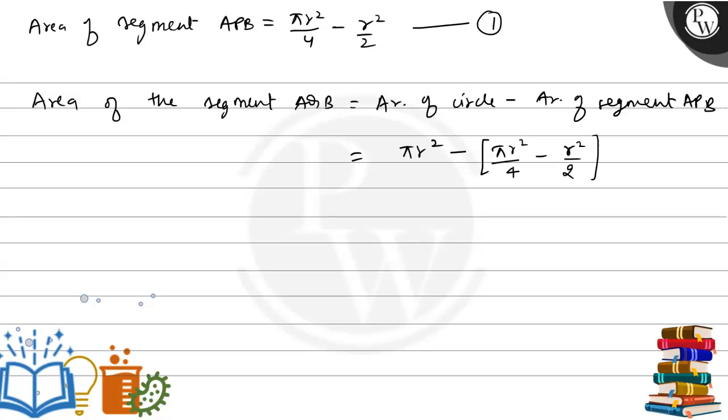Let's simplify this a little. On simplifying, it will be pi r square minus pi r square by 4, so it will be 3 pi r square by 4 on taking the LCM, plus r square by 2. This much is the area of the segment AQB. Now let's say this is my equation 2.